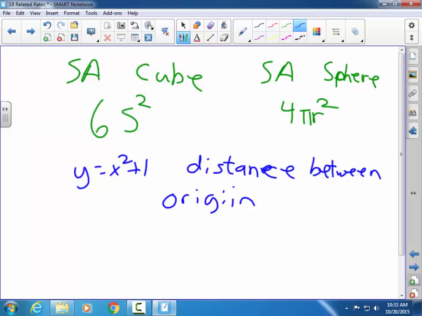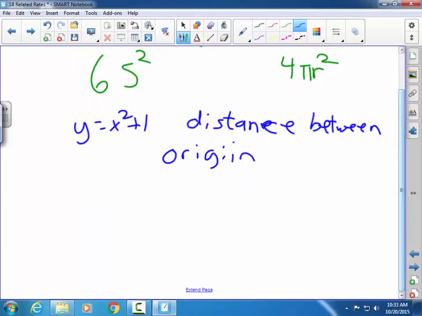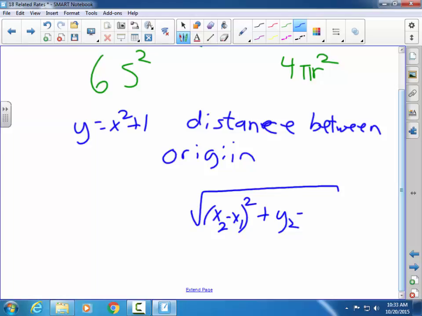So, how do we find the distance between 2 points? Does anybody remember the distance formula for distance between 2 points? Yes, sir. It's the square root of x minus x1 squared plus y minus y1 squared. Yes. There's your 2 points.